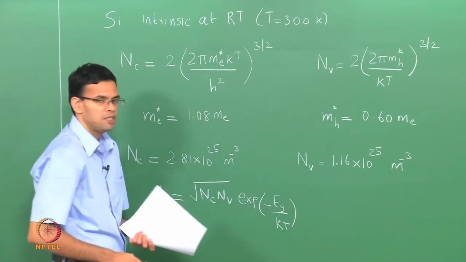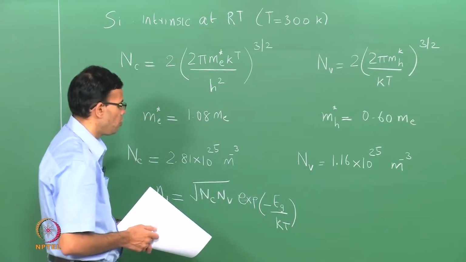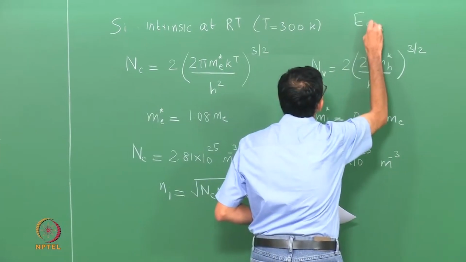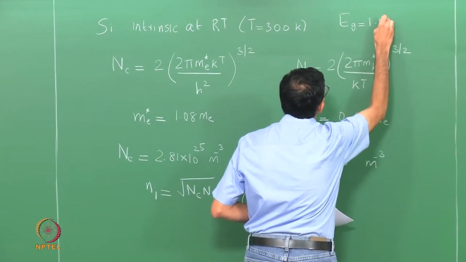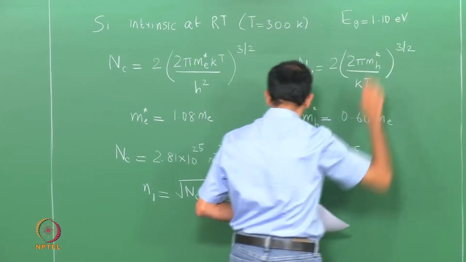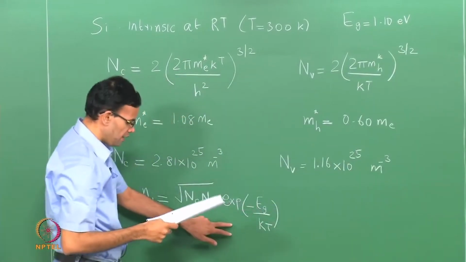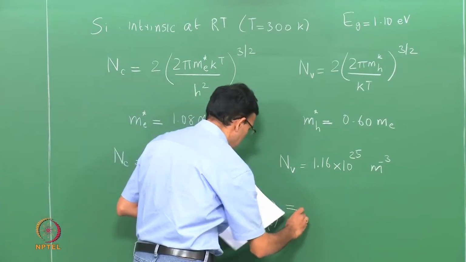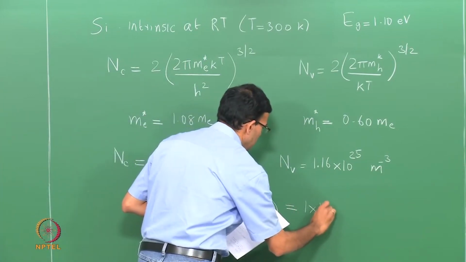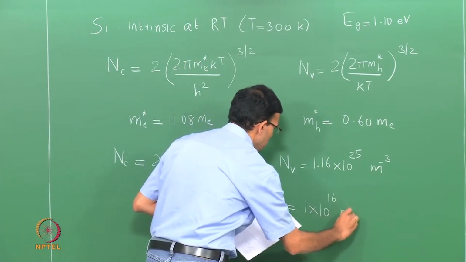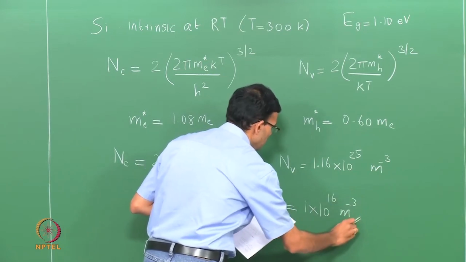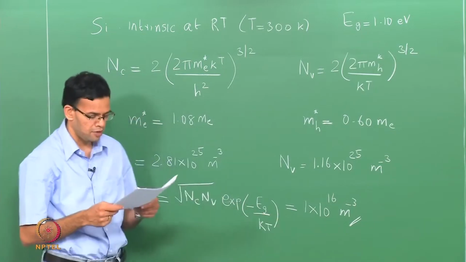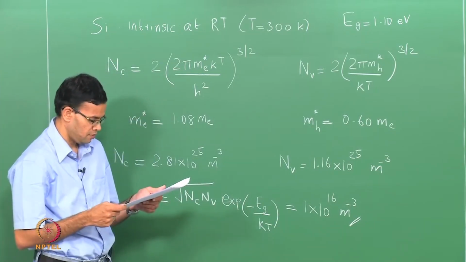At room temperature, silicon has a band gap of around 1.1 eV. If we plug that in, we get a value of Ni of 1 times 10 to the 16 per meter cube. So, this represents the intrinsic carrier concentration of silicon.